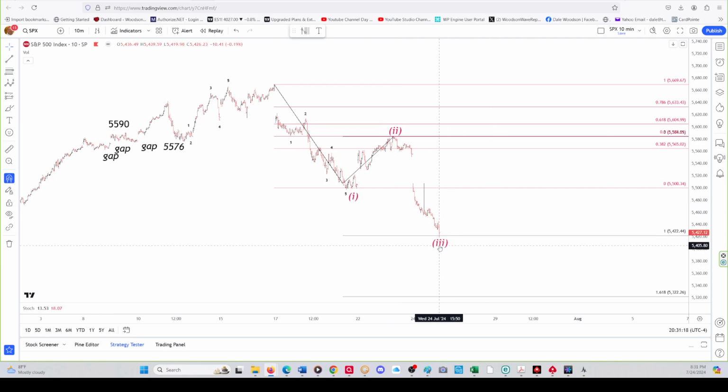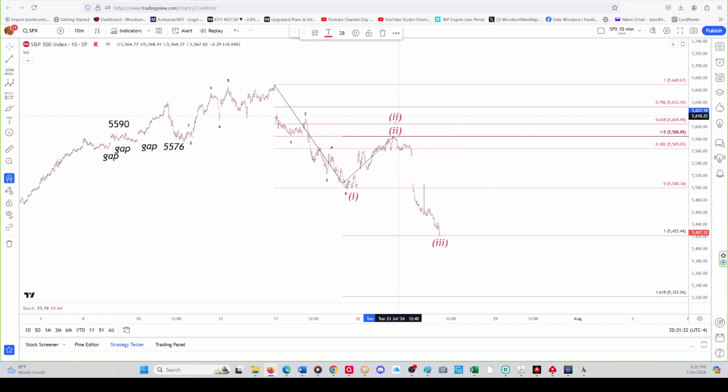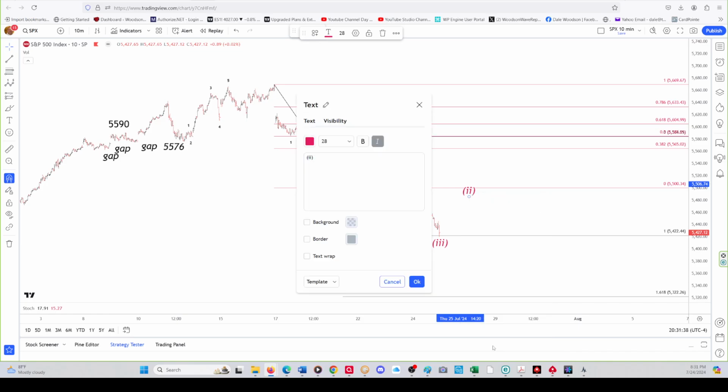If the move up from this wave 3 low goes above this wave 1 low, which is sitting right near 5,500, then it's ABC. Let me clone that and make it a 4 so we can illustrate this point a little better. 4 would be over here.